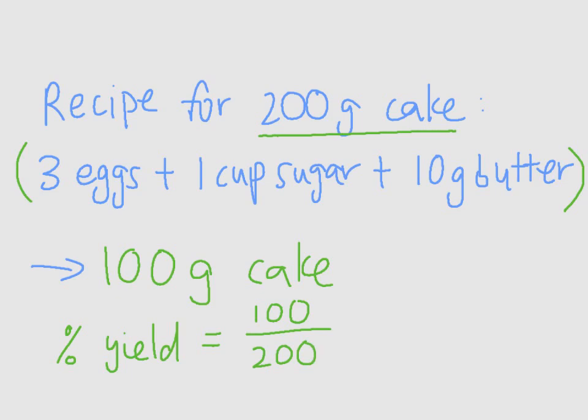So 100 over 200, and because it's a percentage, you times 100%. Upon calculation, you should get 50%. So from this recipe, you only get a 50% yield of the desired cake. This is the analogy using the recipe.